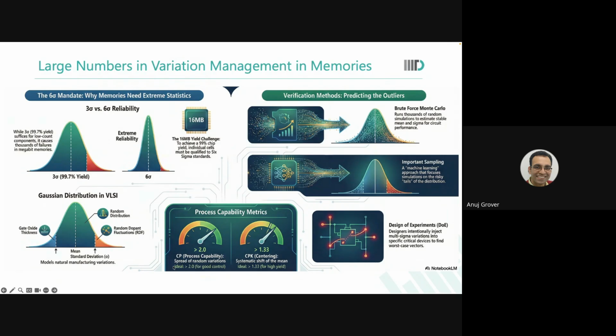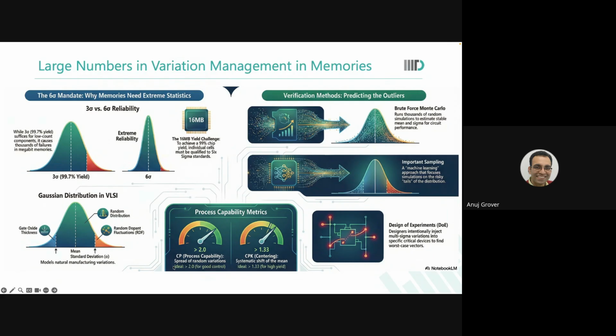The first thing we looked at was the sheer numbers: the number of memory cells, the number of sense amplifiers, the number of design elements we have in memory, to qualify a memory for good yield.